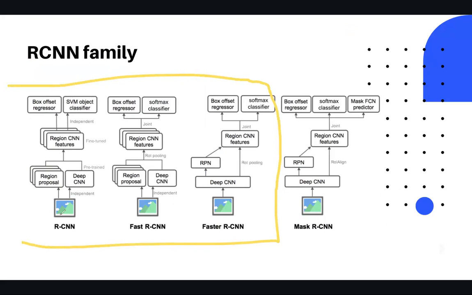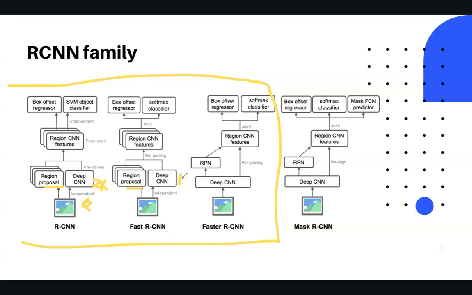But for now, what we have studied is RCNN, where it uses selective search, as you can see in here, for region proposal. So both RCNN and Fast RCNN use selective search. RCNN passes regions 2,000 times through the CNN and has resizing happening on the image.